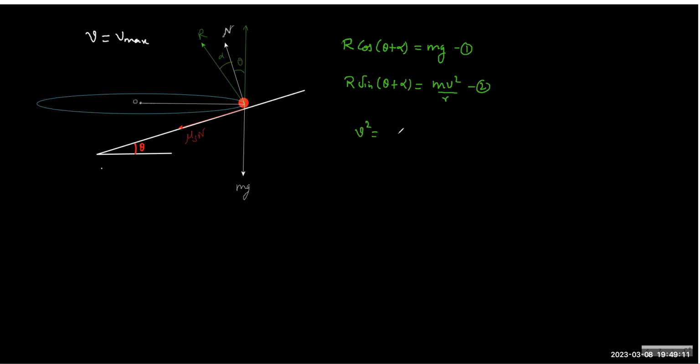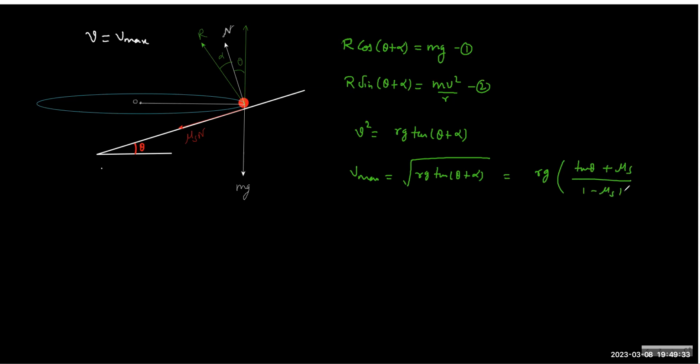The V square is Rg tan of theta plus alpha, and we know this is V max. So V max is under root of Rg tan of theta plus alpha, which will eventually give you the answer as Rg times tan theta plus mu s over 1 minus mu s tan theta.